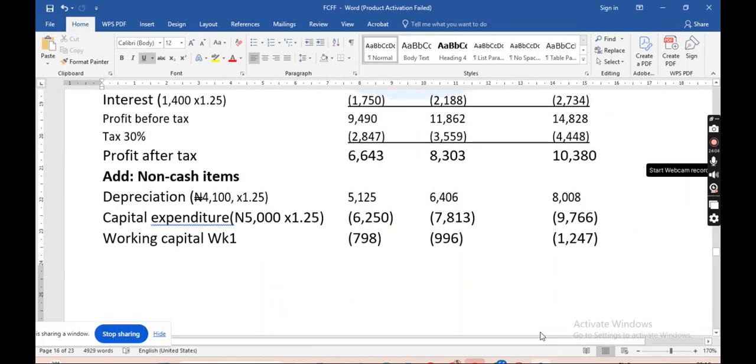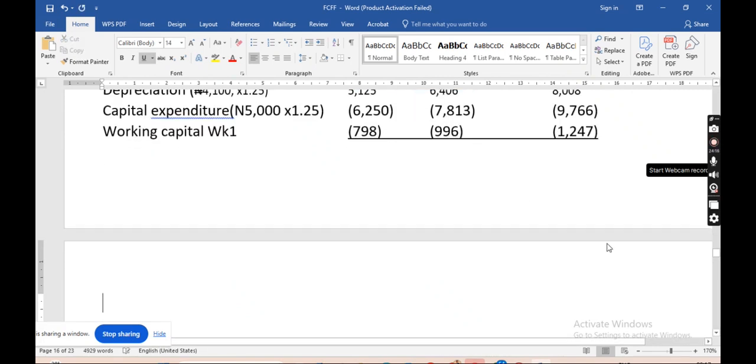Right? So now, what is the free cash flow to equity? What is the free cash flow to equity before we now discount? Free cash flow to equity.